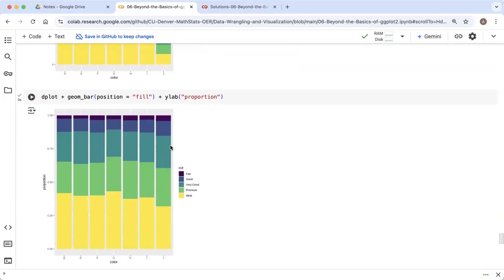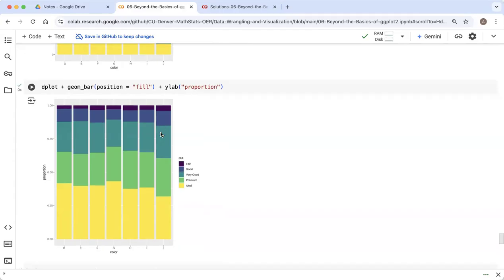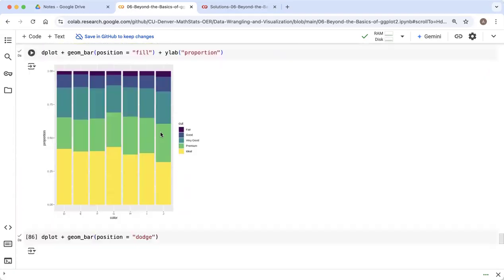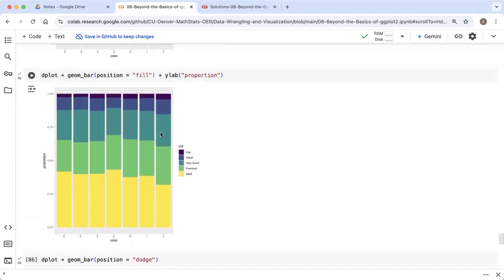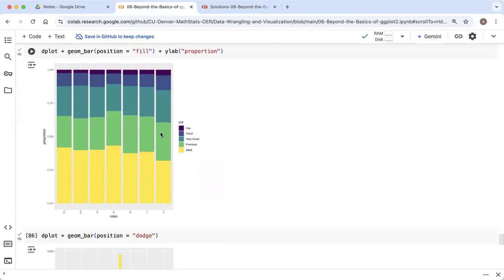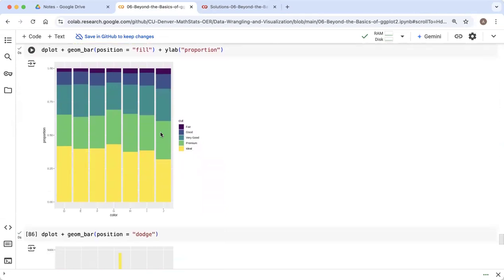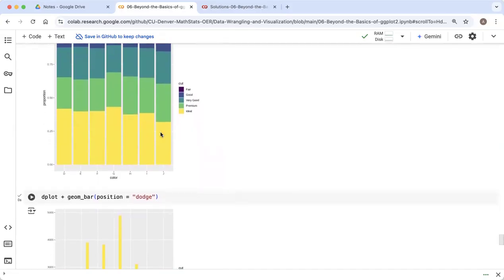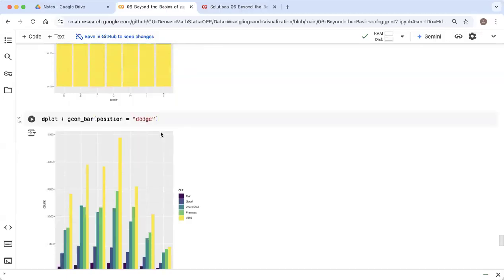But as a proportion, out of all of the J colored diamonds, it has the largest proportion of good cut diamonds. So just be really careful about how you use the position option and how you read these different data frames, and whether you're using counts or relative frequencies to compare totals or proportions in different classes or categories.